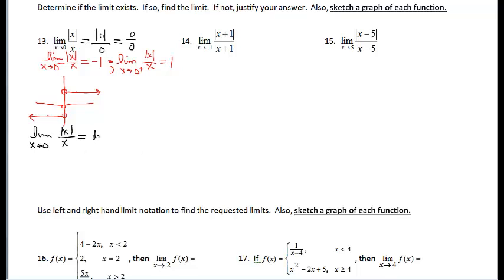So this limit does not exist, and I'm going to put because, I'm going to abbreviate, BC. Okay. And the notation we're going to use is actually what we have up here. The left limit does not equal the right limit. You could probably use those words, left limit does not equal right limit, but it's much better to support your work with these limit statements.